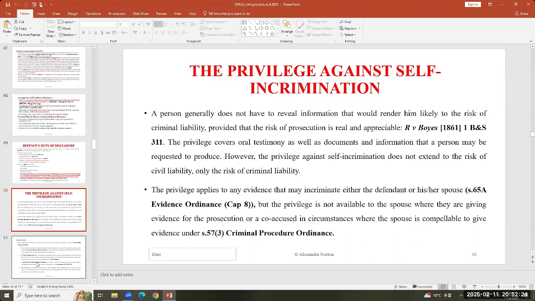Remember, we had that tricky mental gymnastics issue concerning Section 57 of the Criminal Procedure Ordinance. We had to consider the competence and the compellability of various different witnesses, whether the prosecution can force witnesses to testify for them. We looked at the general position, and then we looked at some exceptions.